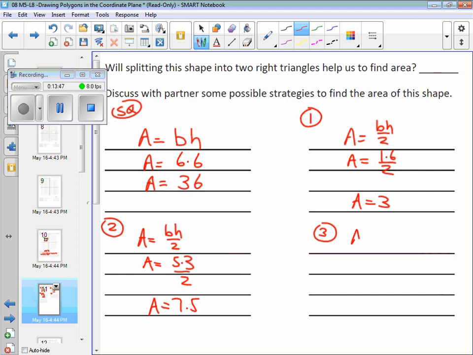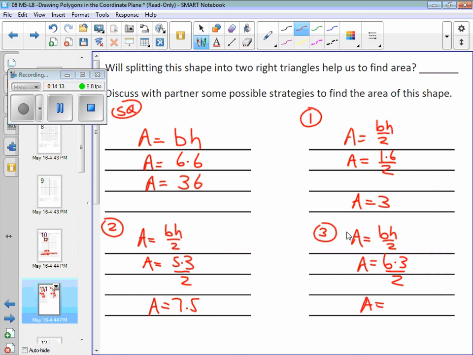Riley, what did you get for the base of triangle 3? What about the height? 3. I couldn't hear you.